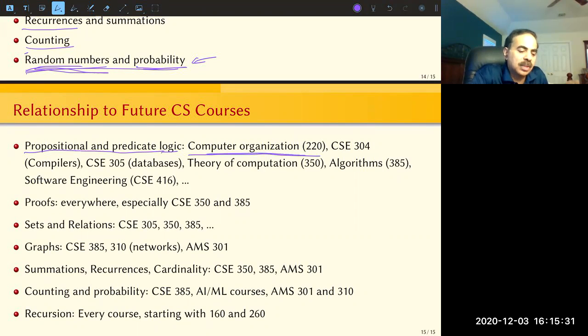Computer organization, which is actually called Systems 1 or something like that. It's a course that you're probably going to take in the spring of next year. It's about how hardware works, and hardware works using Boolean formulas. So that's why propositional logic is central to computer organization.